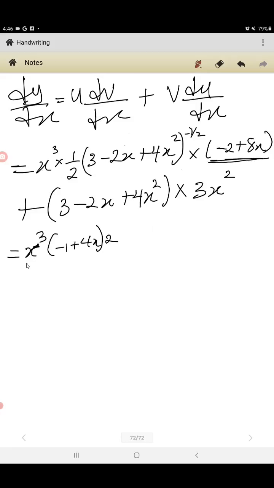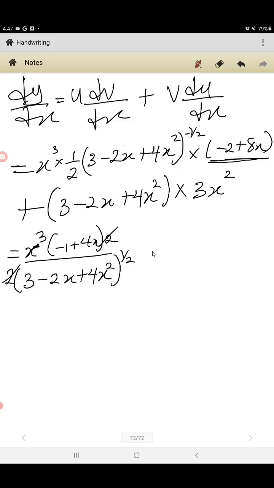Over, you open a bracket, 3 minus 2x plus 4x squared all raised to power half. Are you able to see it? So now there is a half here, which is this 2. This half will come here, because this can be easy to cancel. That is just analysis I'm trying to do. So therefore, it will come down to this.